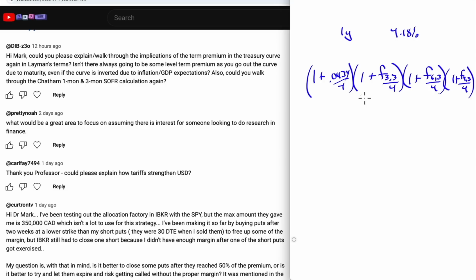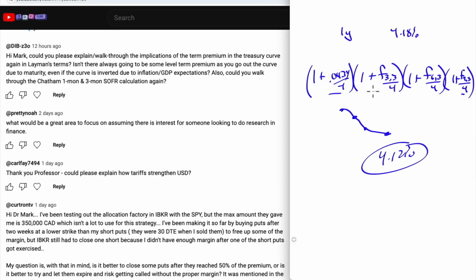And, without looking these up, we had a curve that was downward sloping like this. So it might have been 434, 420, 410, and 402 that you'd put in here. And you get a rate, let's say it's 4.12% by multiplying this out.